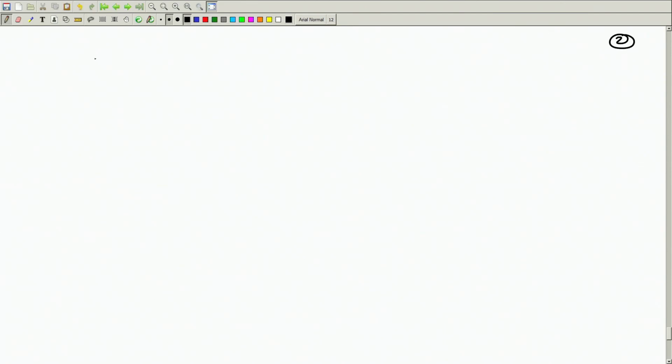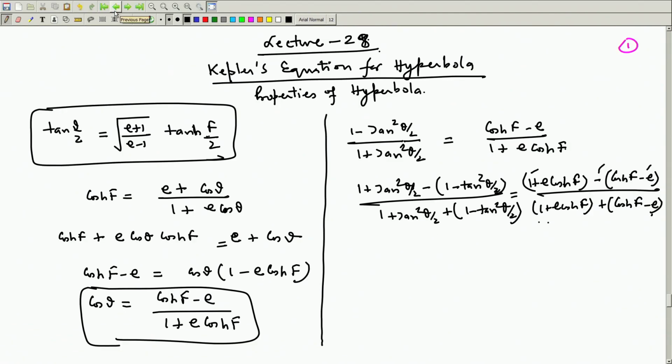So, left hand side is 2 tan square theta by 2 divided by 2, and on the right hand side we have 1 minus e, this is 1 minus e, here we are doing the mistake, this is 1 minus e, here this is 1 minus e. So, I will strike it off this particular part. With this the things will get modified.